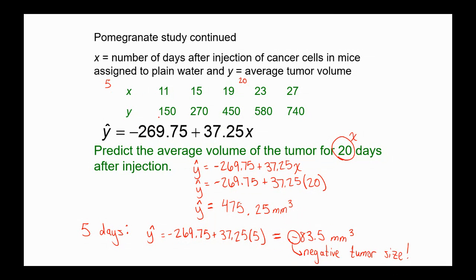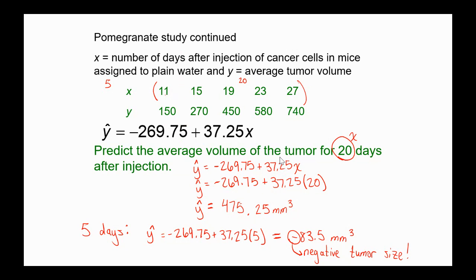This shows the danger of extrapolation. Extrapolation means that you are using a data point that's not in your range. Our equation here is only good between 11 and 27, or somewhere pretty close to it.